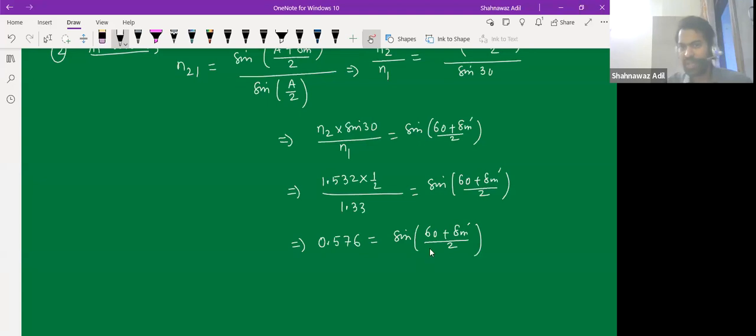If I want to calculate this delta M, what should I do? How can I simplify this further? If I want to find this delta M, the new minimum deviation, how can I calculate it?